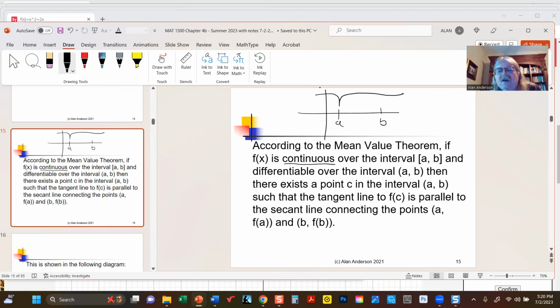Remember, we saw these graphs where when you have sharp points, the function is not differentiable, and yet it's still continuous. That's an unusual case. Normally, if it's continuous, it's differentiable everywhere.